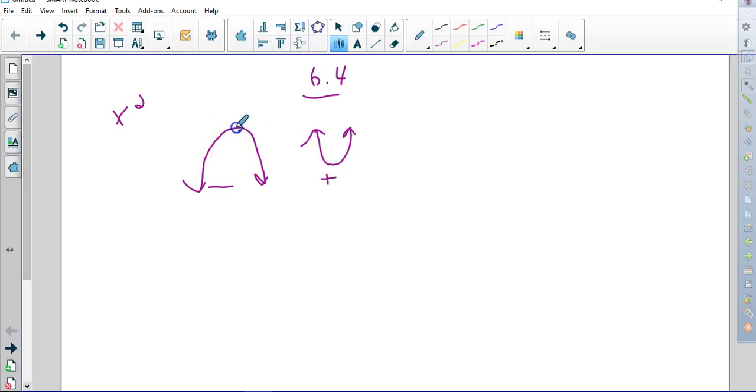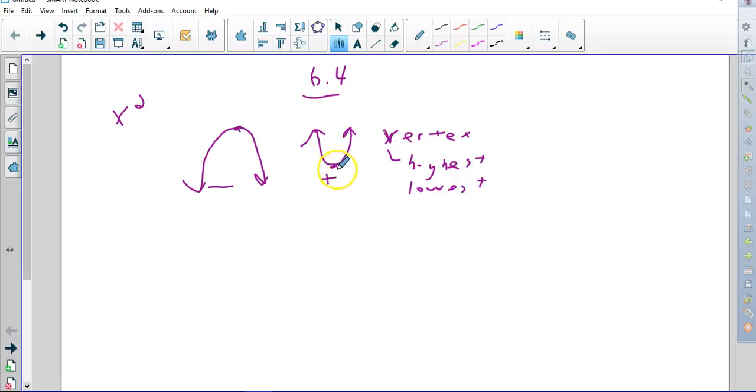Now, this point here and this point here is called your vertex. And the vertex is either the highest or lowest point on the path, on the parabola.